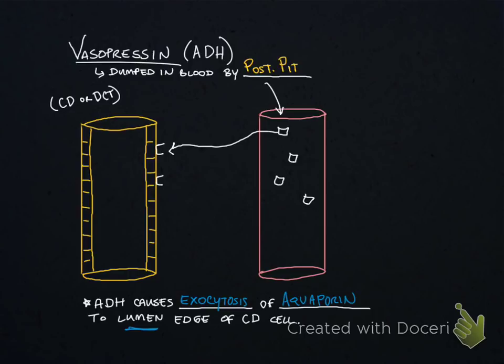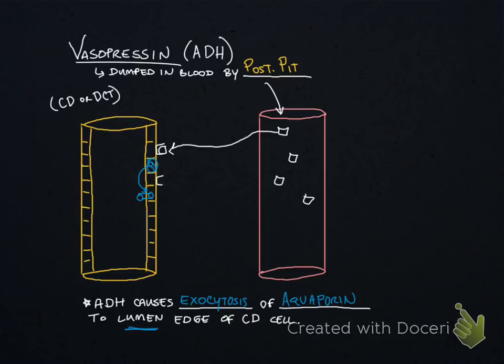So within the cell is a little channel, and once the hormone binds to the receptor, it causes this channel to be exocytosed to the luminal edge.